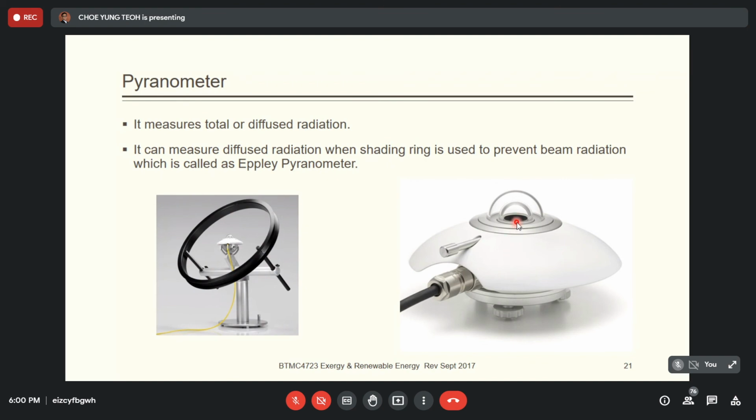So it must be white, so that the heat will not travel into the sensor easily. When it's white, it will not absorb heat, so it won't get too hot. And you can see the angle of the shape, maybe 120 degrees outward, so whatever sunlight hits it will not reflect to the sensor.